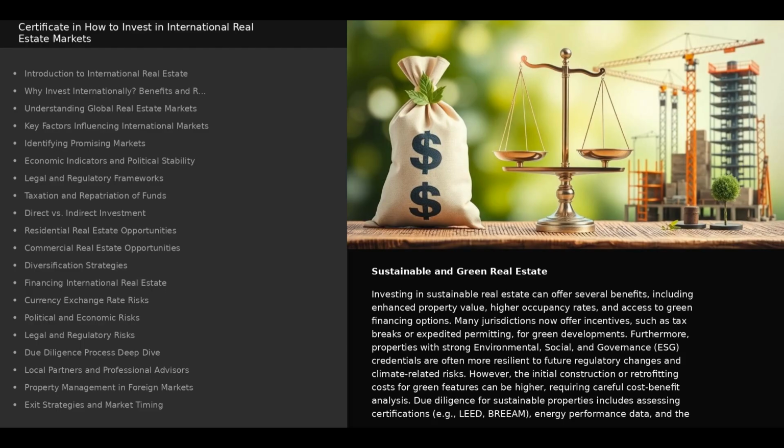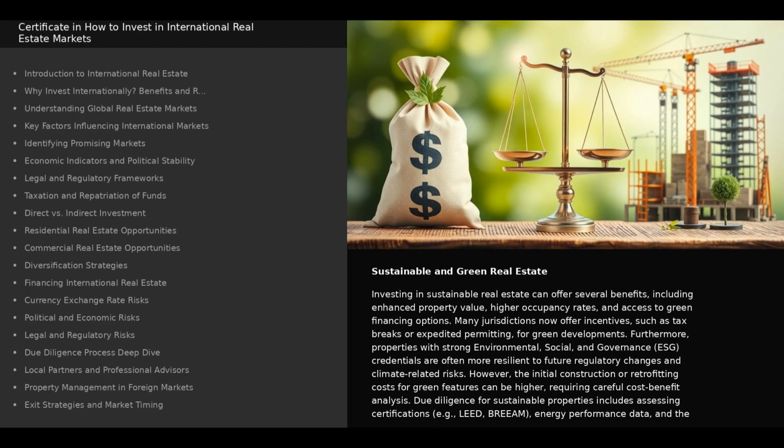Many jurisdictions now offer incentives such as tax breaks or expedited permitting for green developments. Furthermore, properties with strong environmental, social, and governance (ESG) credentials are often more resilient to future regulatory changes and climate-related risks. However, the initial construction or retrofitting costs for green features can be higher, requiring careful cost-benefit analysis.